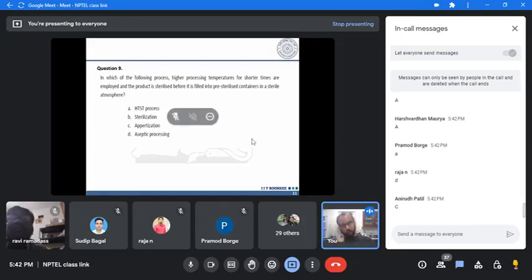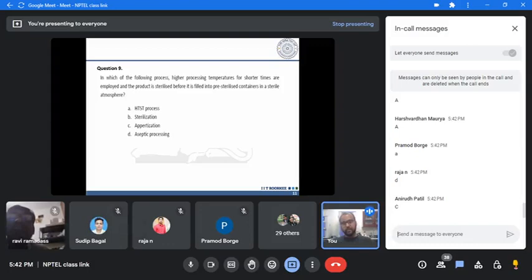Okay, so you have to be careful. What is saying high processing temperature? In a sterilized process, the product is sterilized before, and it is also packed in a pre-sterilized container. So those who are saying A can reconsider.